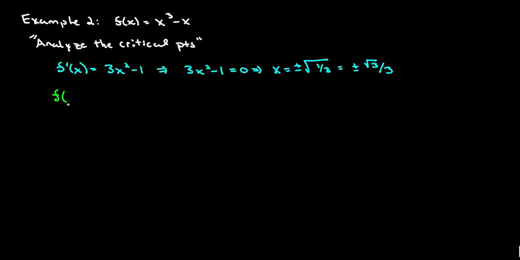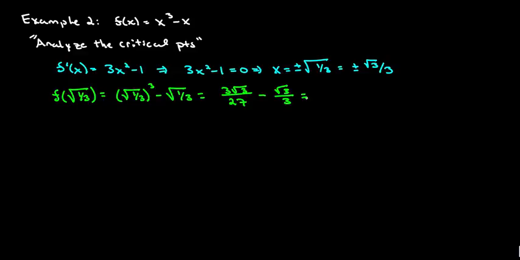So f at the positive square root of 1/3 is equal to the square root of 1/3 to the third minus the square root of 1/3. Well, this gives us 3 square roots of 3 over 27, multiplying it together 3 times, minus the square root of 3 over 3.